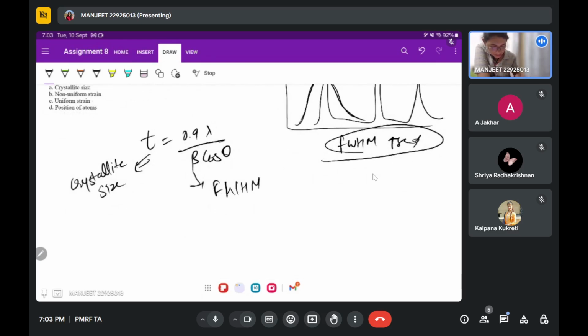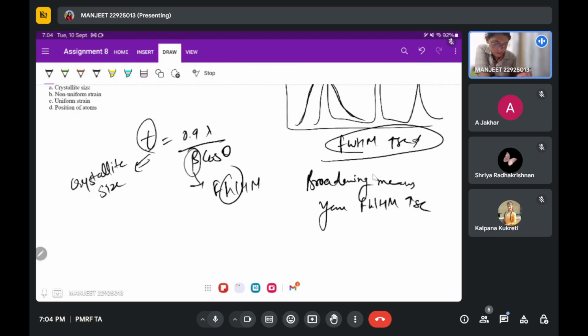If there is broadening, your FWHM has increased, so your crystallite size will be smaller.